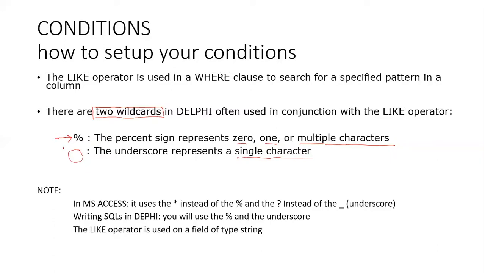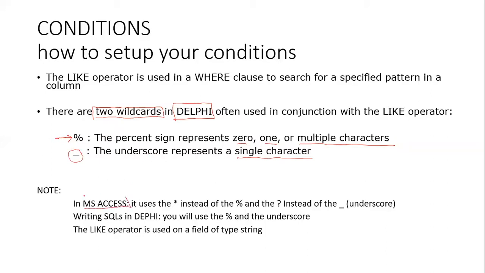Now, take note that these two wildcards are what you would use when you are writing your SQL statements in Delphi. The same SQL statement can be run in Microsoft Access.